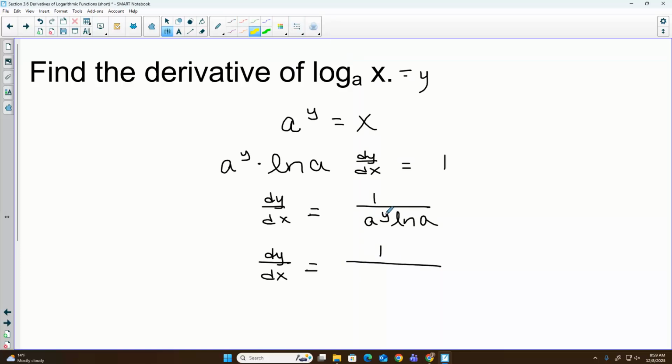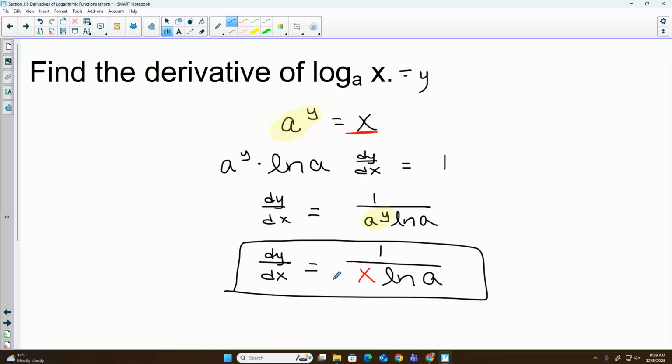What is a to the y equal to? x. I can replace that with an x. So it is 1 over x times the natural log of a. So, the derivative of a log is 1 over the argument times the natural log of the base.